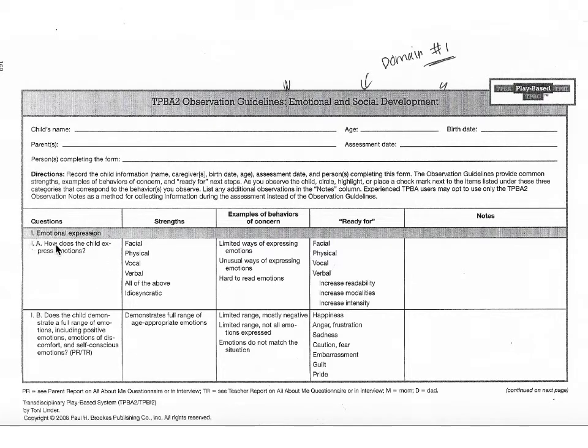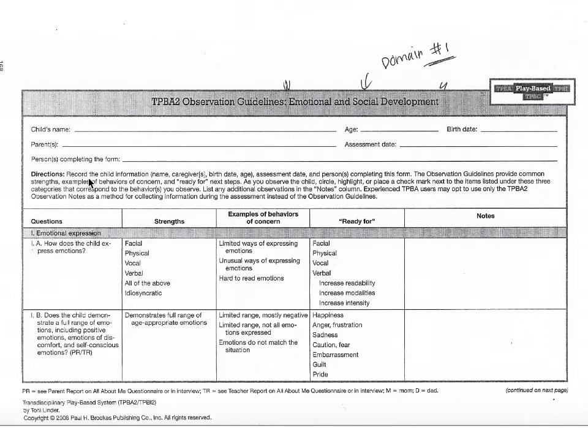And then you are going to answer each of the questions. How does the child express emotion? You can identify strength, and examples of behavior of concern, and ready for. This is readiness. And then if you have any comments, you can leave those comments in the notes section.